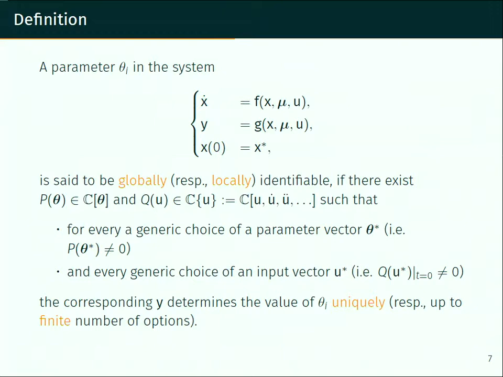You pick a parameter vector and you pick an input, then the behavior of state variables is defined because of the theorem from differential equations. The solution exists in analytic functions at a point, and then y is also uniquely defined when you fix parameters and input. In some neighborhood, everything is uniquely defined. So you have a unique function y, and if this function determines back the value of theta i uniquely, then theta i is globally identifiable. If it determines it up to a finite number of options, then it's locally identifiable.